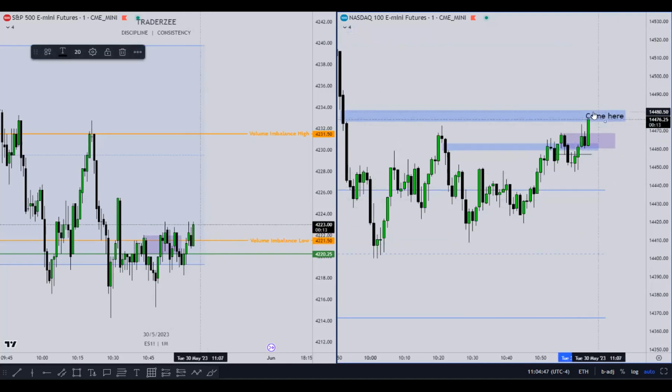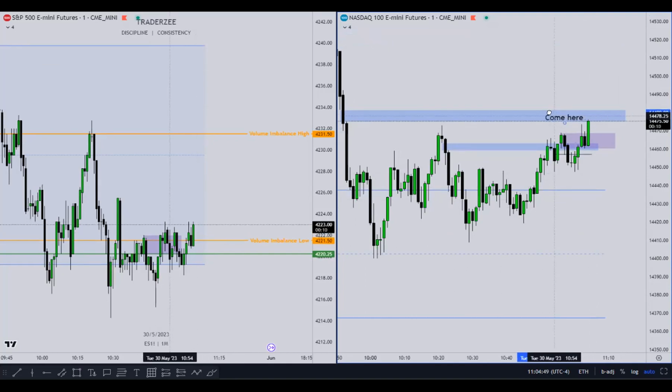Backed and tagged. I don't know the meaning of backed and tagged. I think it's when you are inside of a trade and it's your target. But it feels nice to see it.